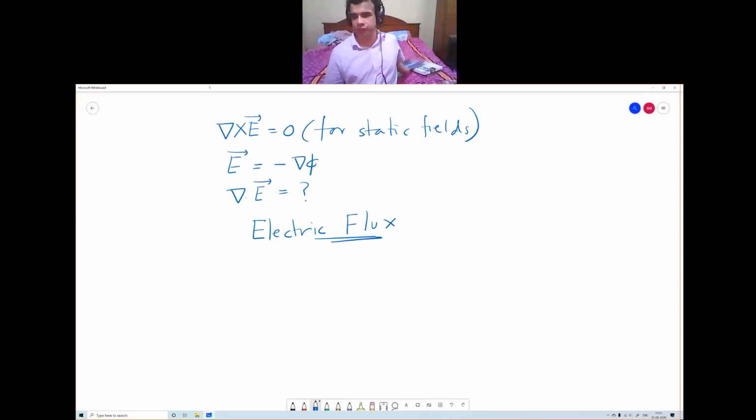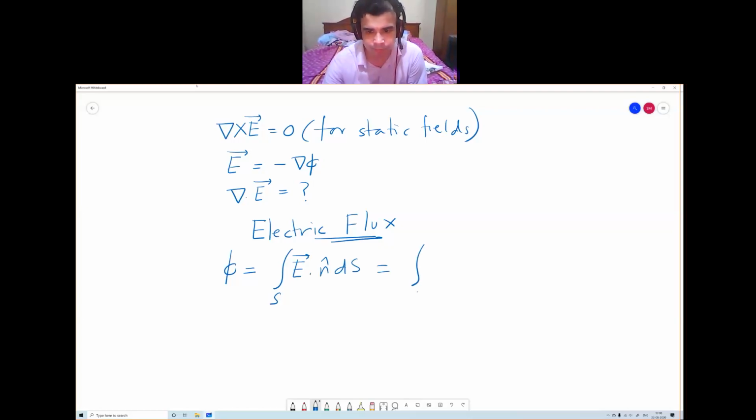Similarly, we can define electric flux. There is no such thing as an amount of field, but the so-called amount of electric field which is passing through a surface. Flux is defined as phi. Phi, flux, is a scalar. Integrate over an open surface, E dot n ds.